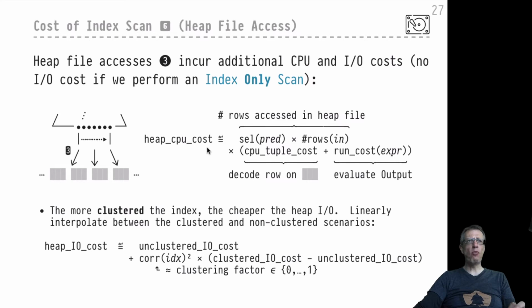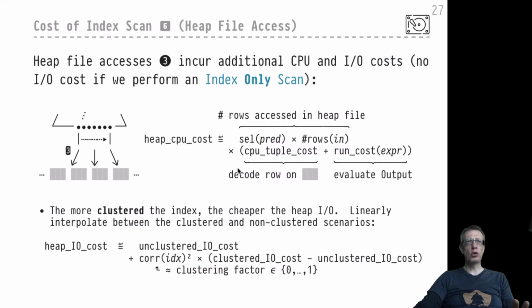The number of references that we will have to follow into the heap file is just the number of row index entries multiplied by the selectivity. These are the number of rows inside the index scan range. We have seen that before. For all of these rows, once we have accessed the correct heap file page, we would have to access this particular record or row on the heap file page.